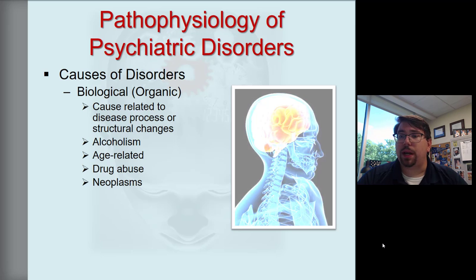They result from the disease process such as infections and tumors, or from other structural changes in the brain, such as those brought on by abuse, alcohol, or drugs. We also know these can be based on age-related changes, drug abuse, and then neoplasms, the idea that there's some type of new growth in the brain that's not supposed to be there.